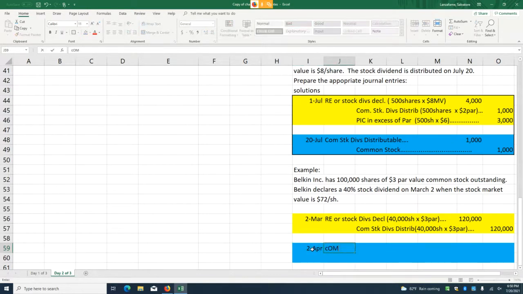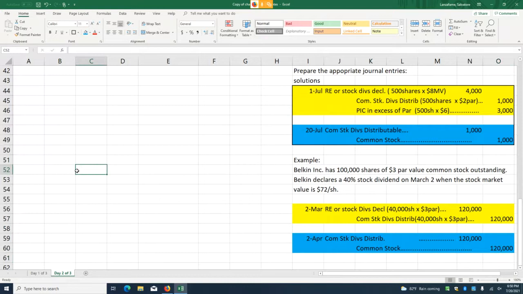So we're going to get rid of the common stock dividends distributable, and credit the common stock. And those are the solutions for that exercise.